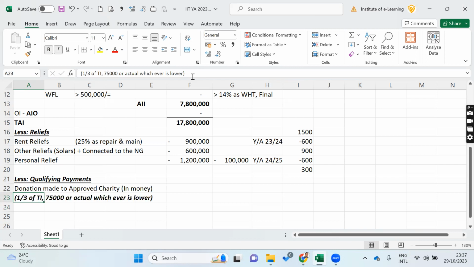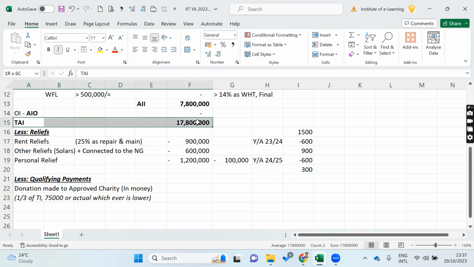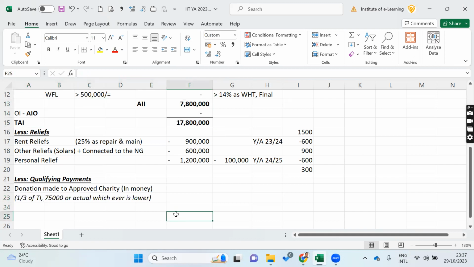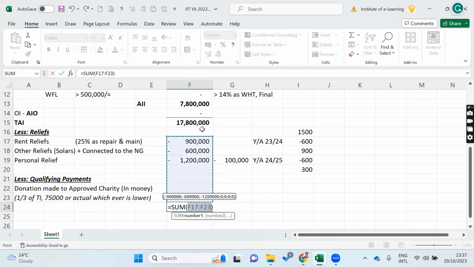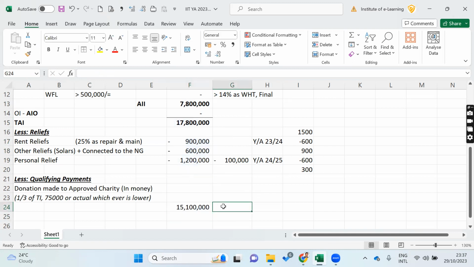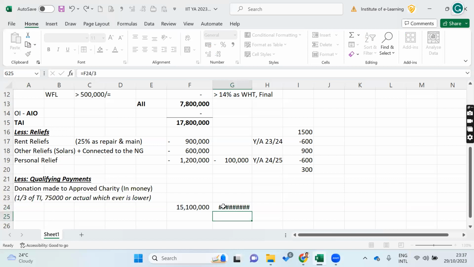Then taxable income, you might be wondering, comes after deducting these things, no? Let's say after deducting these things, the amount is 15 million. If you divide it by 3, then the amount is 5 million.